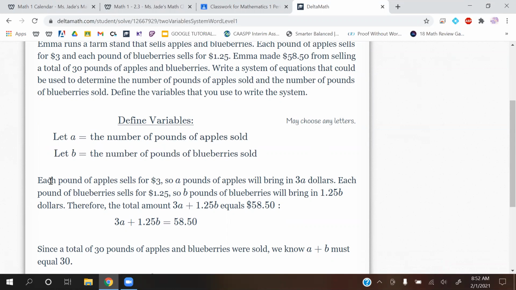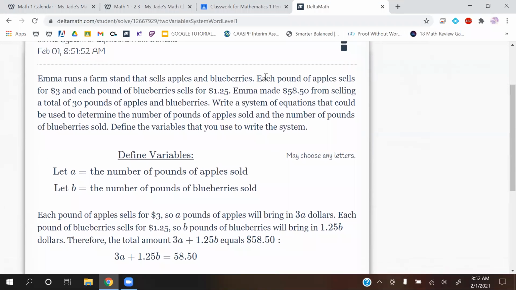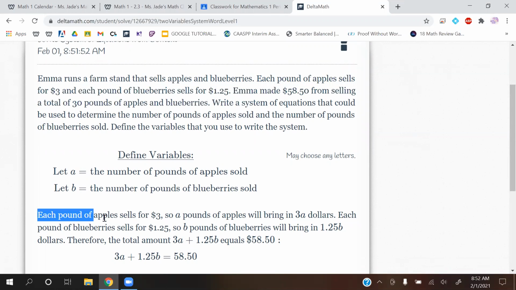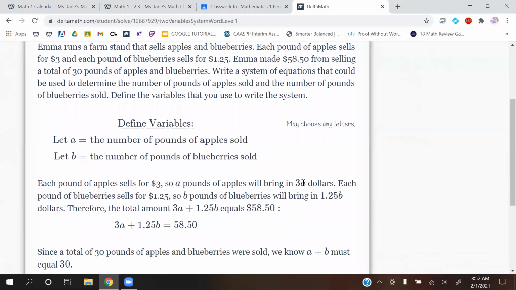They take some sentences from the problem here. Each pound of apples sells for $3. A is pounds of apples, so A pounds of apples will bring in $3A. Each pound of blueberries sells for $1.25, so B pounds of blueberries will bring in 1.25 times B dollars.